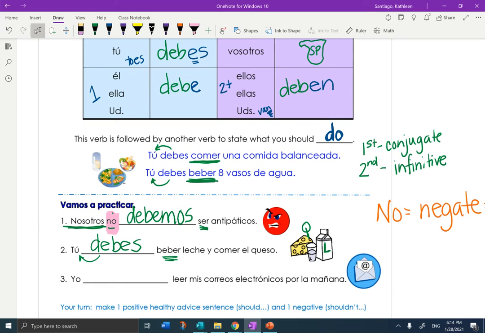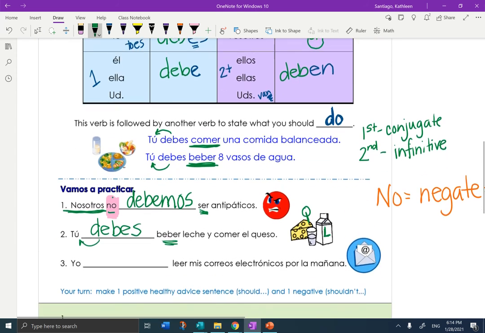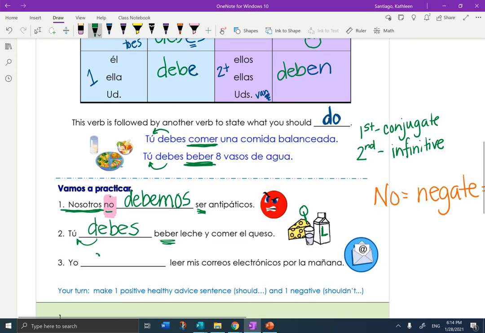Now you're giving yourself advice. Yo blank, what's the yo form of deber? That's right. Yo debo leer, full infinitive, mis correos electrónicos por la mañana. Correos electrónicos.